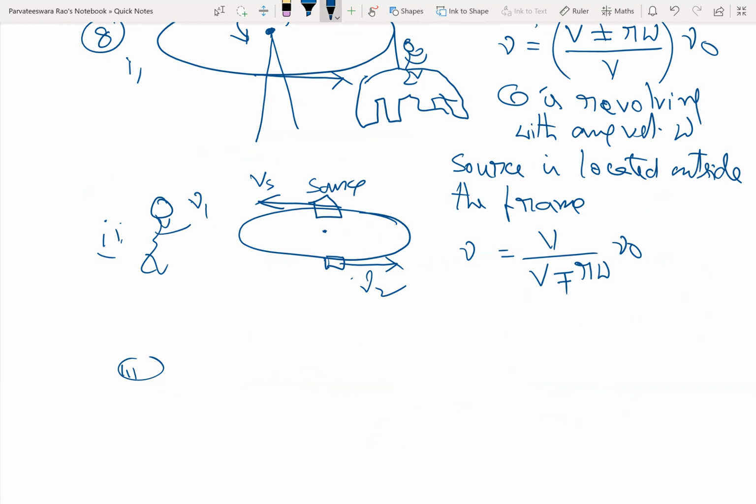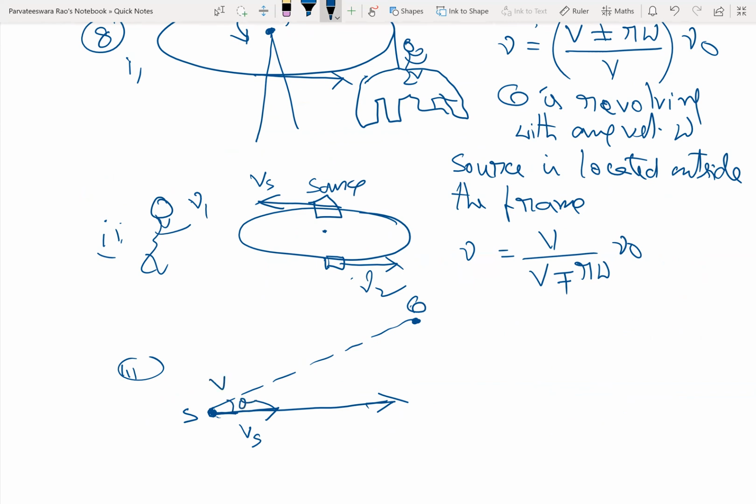Observer may be somewhere here, and this is the source. So the source is moving along this straight line with a velocity Vs. So you must take the component of velocity of the source along the line joining the source and observer.